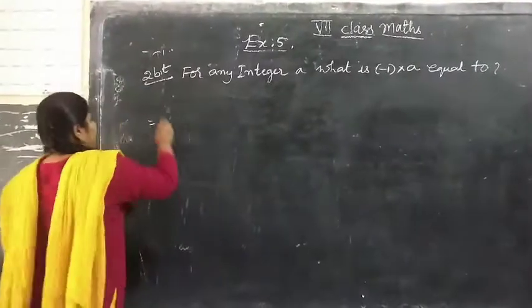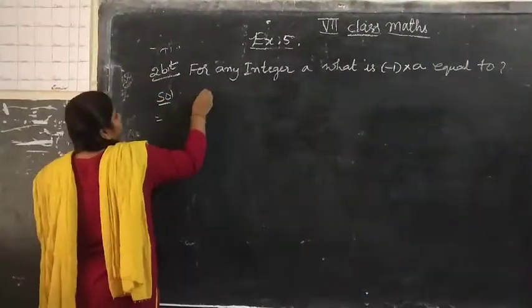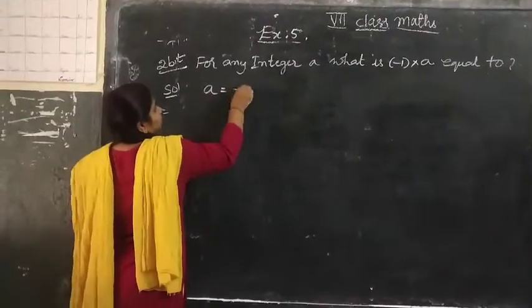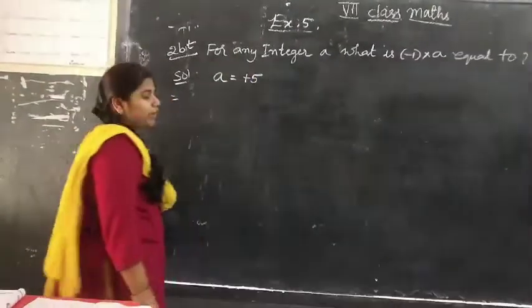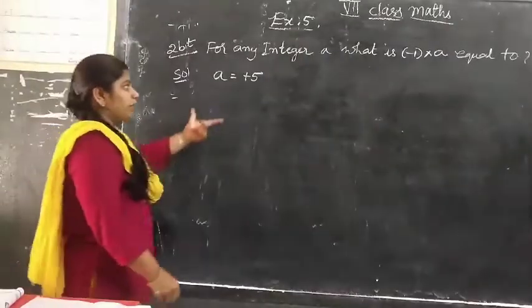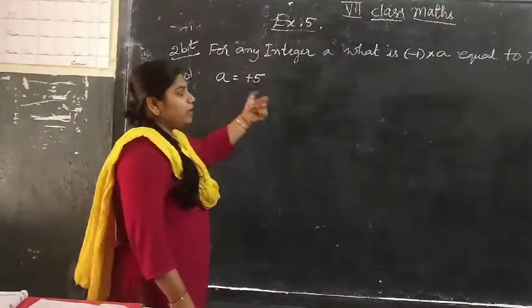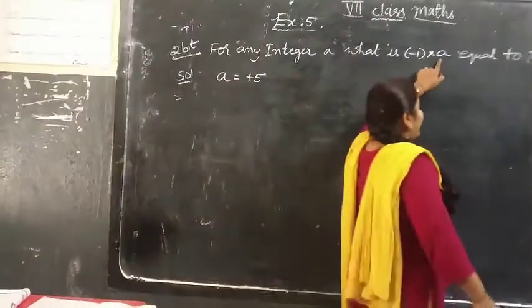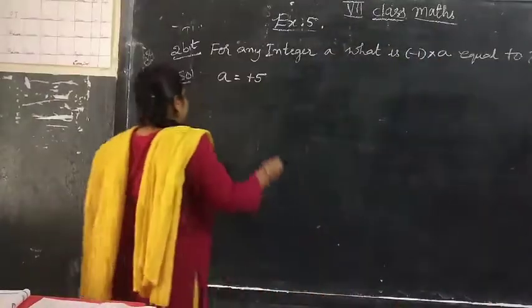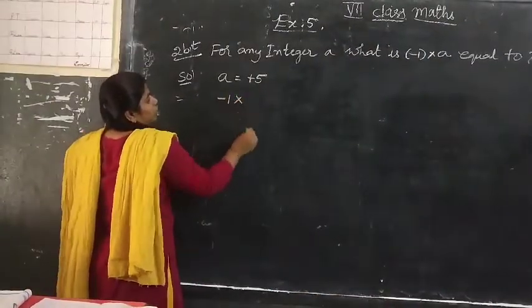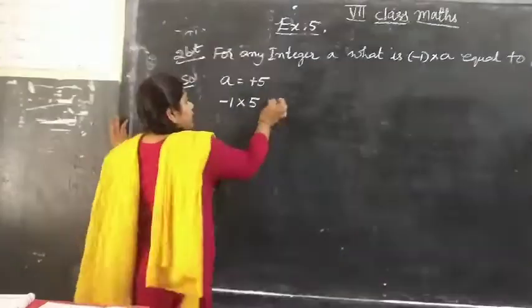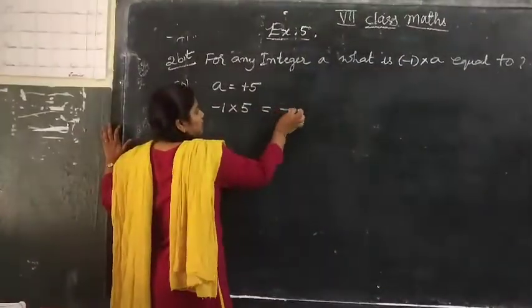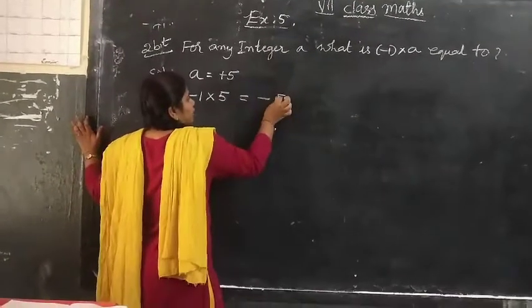So if you take the a value as any integer, I am taking the a value as 5. If you are multiplying in place of a 5, that is minus 1 into, in place of a, which number are we substituting? 5 we are substituting. So minus into plus is minus, 1 5s are 5.